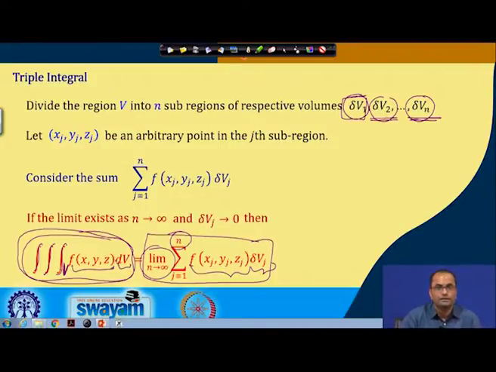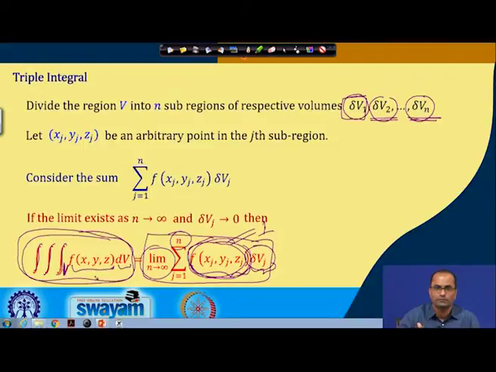Again, let us take a quick look at the physical interpretation. If, for example, f is set to be 1, that means there is no f here, so we are basically adding delta V j, the volume of each subregion, and then taking the limit. By considering f as 1, we get nothing but the volume of that region. Using the double integral, we also computed volume.